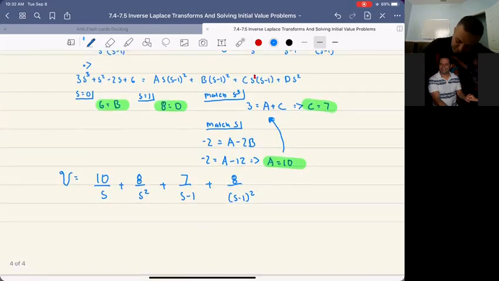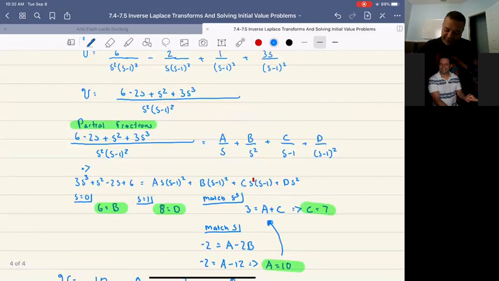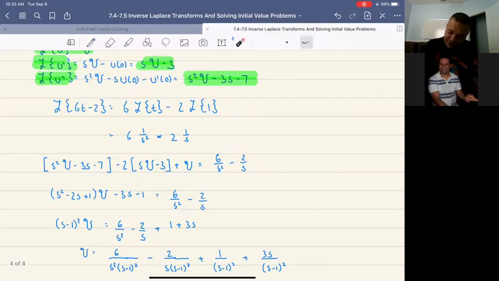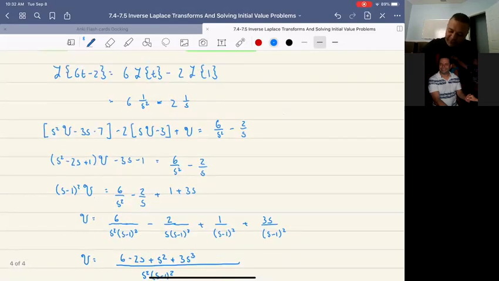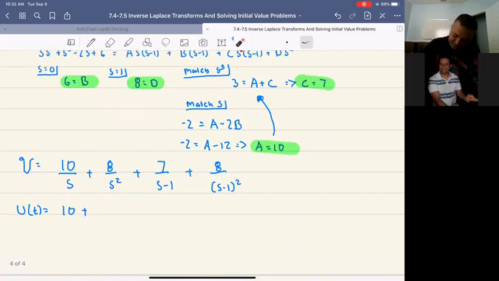So our u of t equals, now, we even did this before in this problem. The Laplace transform of 1 is 1 over s, so that gives 10. Plus 8 over s squared. Well, the Laplace transform of t is 1 over s squared, so that is 8t. Plus 7, this one we sort of are starting to see, I hope, e to the t. Plus 8, s minus 1 squared.